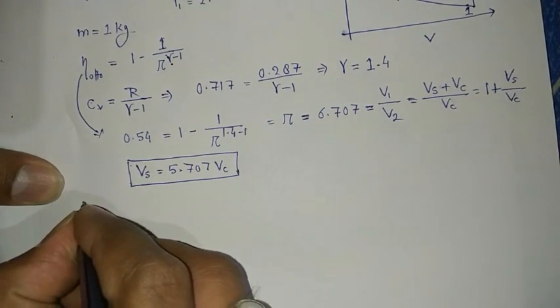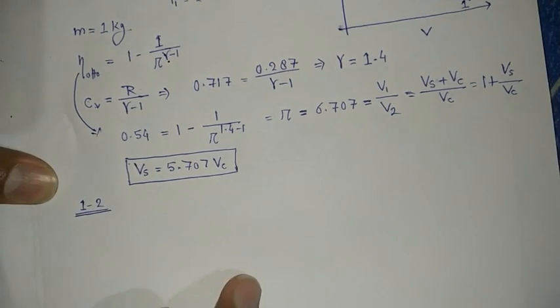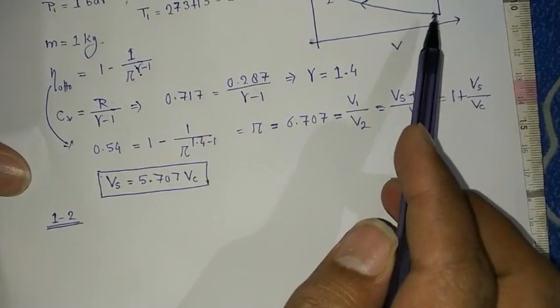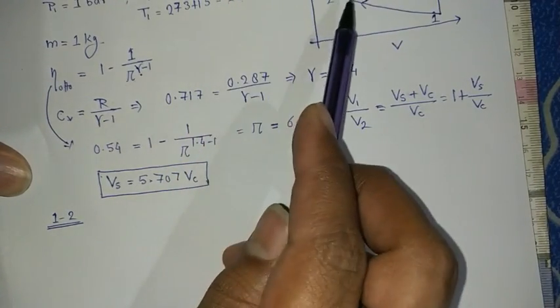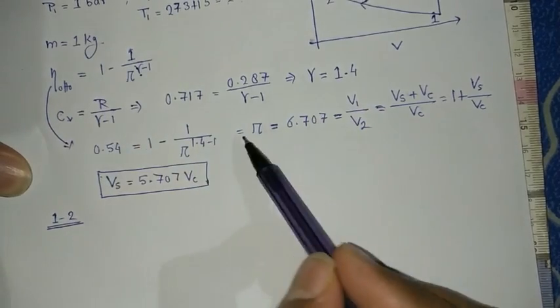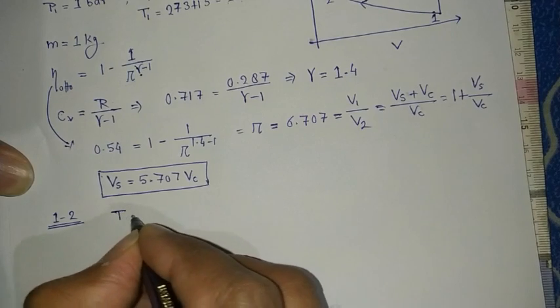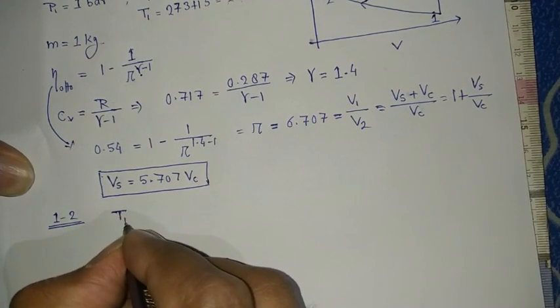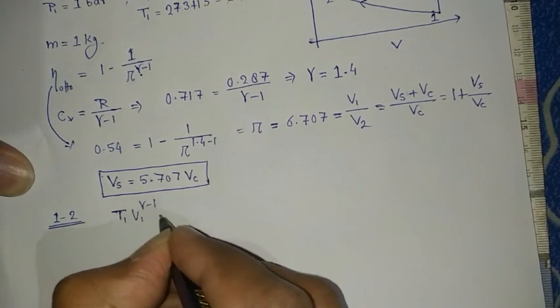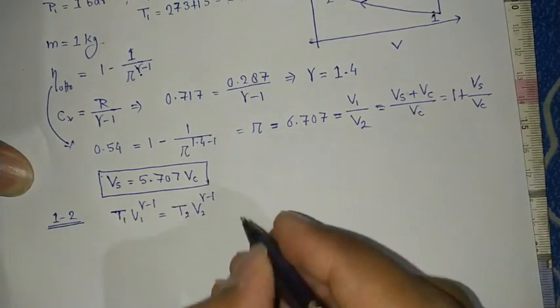Process 1 to 2. We know the temperature at 1 is 288 Kelvin, but we don't know the temperature at 2, but we know the compression ratio. So applying the volume and temperature relationship, T1 V1 to the power gamma minus 1 is equal to T2 V2 to the power gamma minus 1.